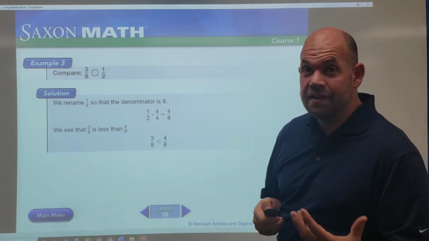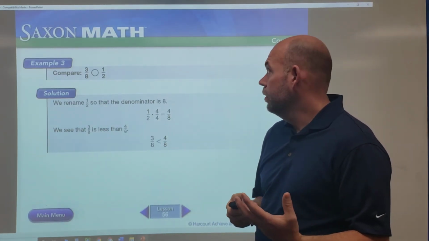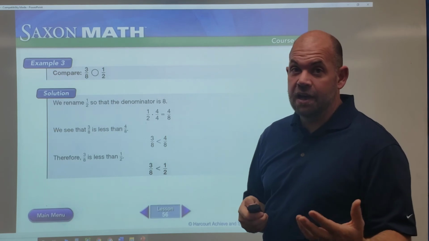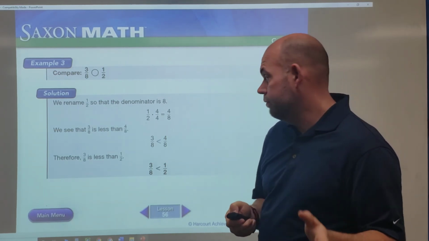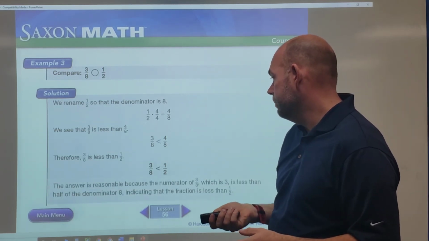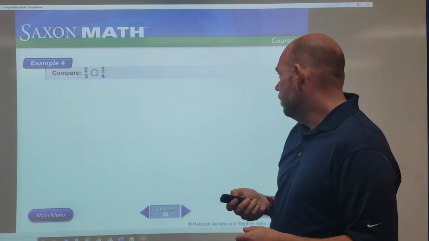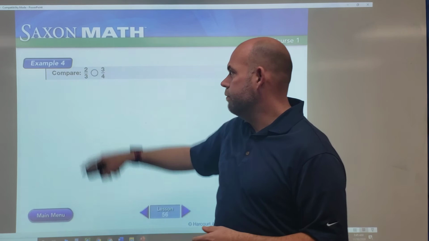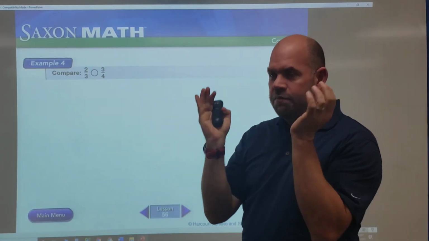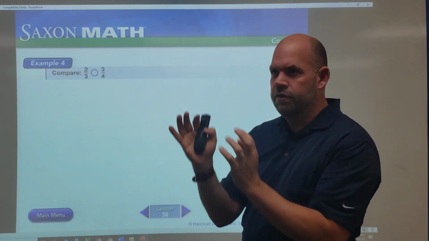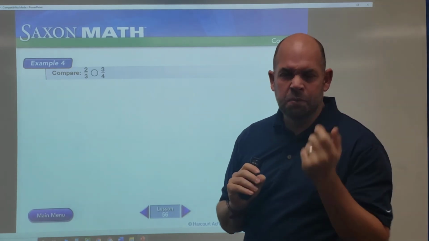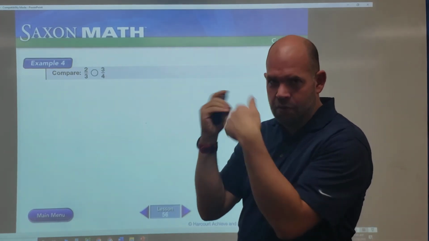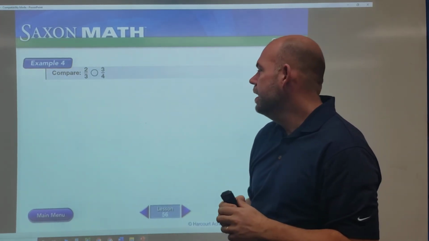But as we just practiced today, we can do it by finding a common denominator by changing both of the fractions too. So let's go ahead and try that. All right, so here we have 2/3. Is that greater or less than 3/4? Now if we just think about it, you can visualize, is 2/3 bigger than 3/4? No, 3/4 is bigger. You know probably just by drawing it or having that picture in your head.